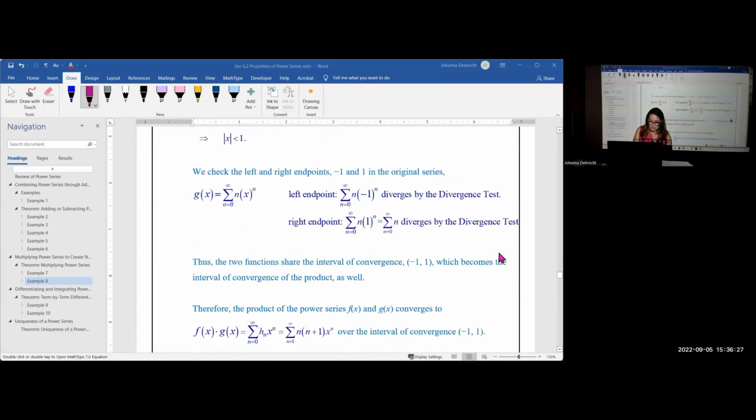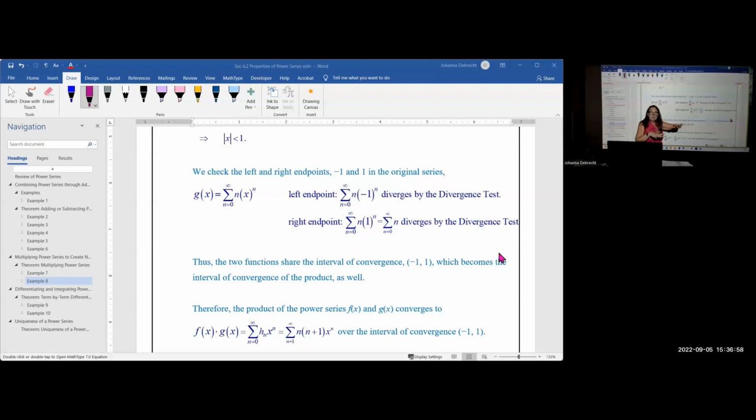Okay, so I plug in the left and right endpoints separately, but the first one at the left endpoint gives me an alternating series, but it's alternating and it has an n in it, which means that it's going to start with 0. And then when n is 1, I'm going to have negative 1. And then when n is 2, I'm going to have positive 2. And then I'm going to have negative 3, and then positive 4, negative 5, positive 6.